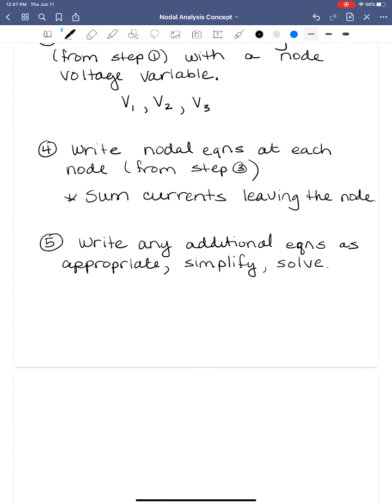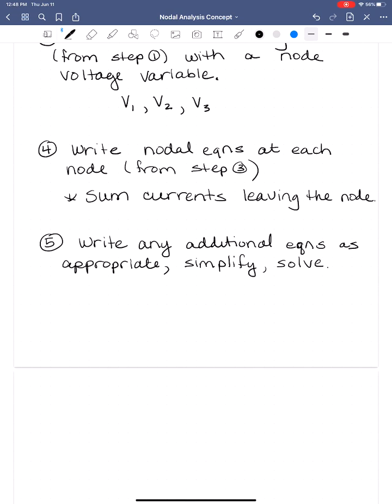We'll solve for our node voltage variables, and then we will solve for whatever other currents and voltages we need. We can, in fact, solve for everything based on the node voltage variables. Just like we did for brute force, we can solve for every other current and voltage, and we can solve for power associated with each element. So these are the steps. We're going to follow them every time. We are never going to vary from these steps.